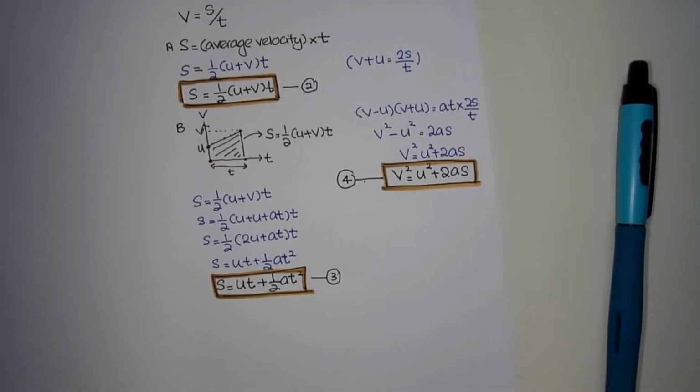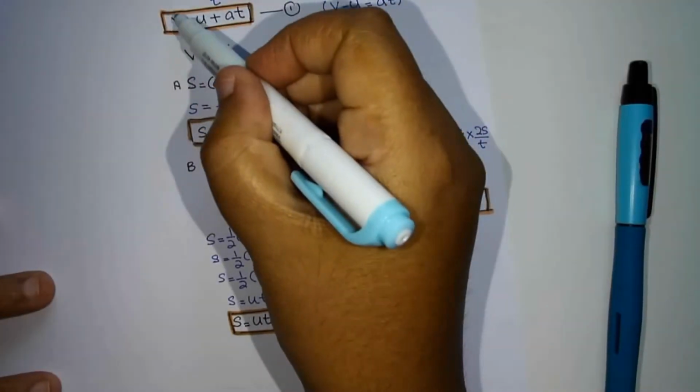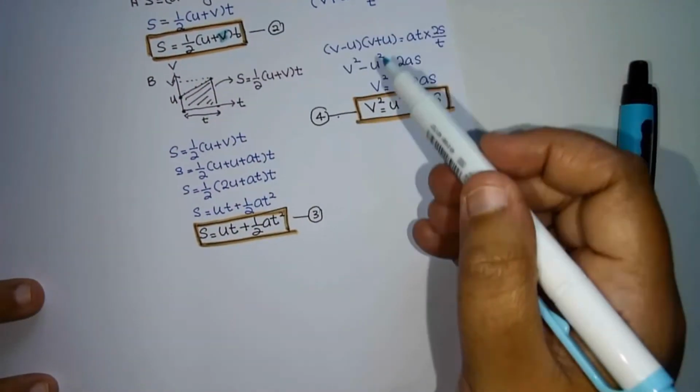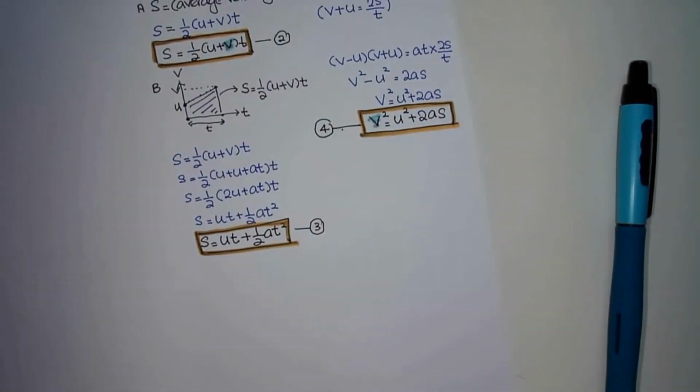Now from these formulas, you will realize that there are only 4 quantities. Let me take another color pen here, blue. What are the quantities? V, here got V, here got V, correct?